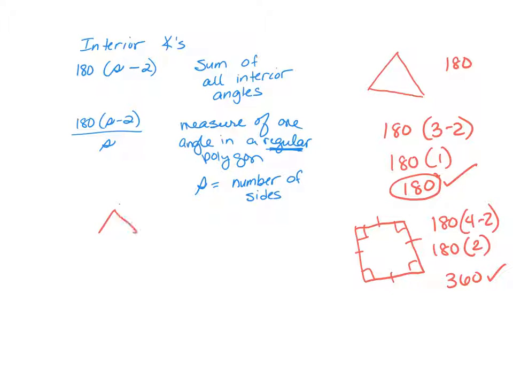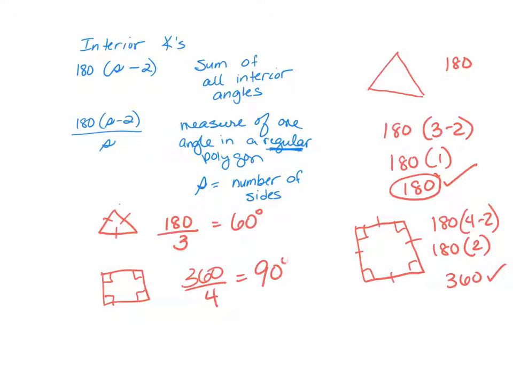So in a triangle, if all the sides are equal, it would be 180 over 3, which is 60 degrees each. In a square, where we know they're all 90-degree angles, it would be 360 divided by 4 sides, which is 90-degree angles if it's a regular polygon.